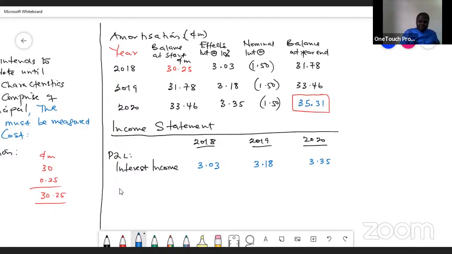Then in the statement of financial position. Please, in exams, when they say 1 year, stick to the 1 year. Don't do 3 years to waste your time. Statement of financial position.